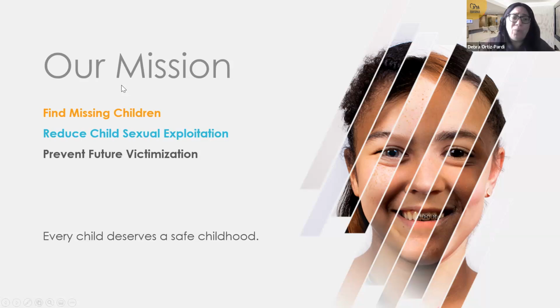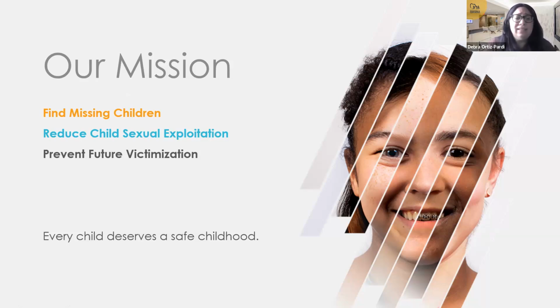Our mission is threefold. We aim to find missing children, reduce child sexual exploitation, and prevent future victimization. We offer families and caregivers hope and resources during some of the most difficult experiences of their lives. Our unique vantage point as the nation's clearinghouse for missing and exploited children issues, and the data that we collect through our programs, informs the development of innovative child safety resources that address the evolving needs of children and families.